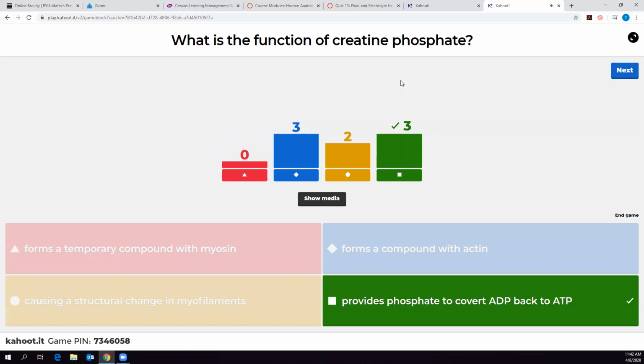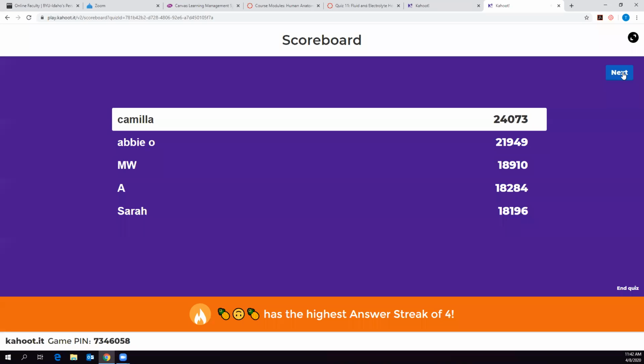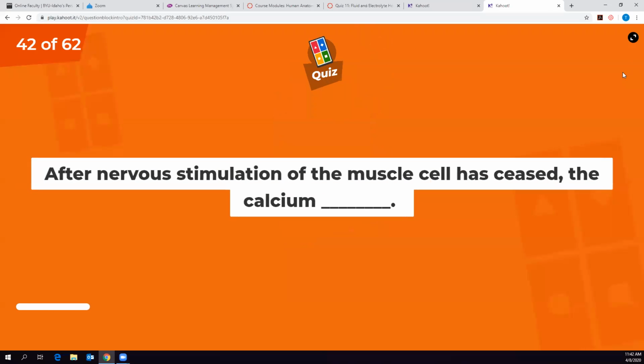Creatine phosphate provides the phosphate to convert ADP back to ATP. No, we never make a compound with actin. So it gives the phosphate so that we can have energy for about 15 seconds, just boom. Like when the guy was pushing the rock off of himself, he used up all of his creatine phosphate.